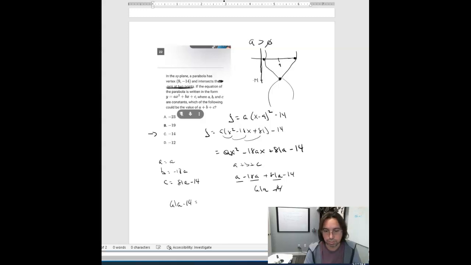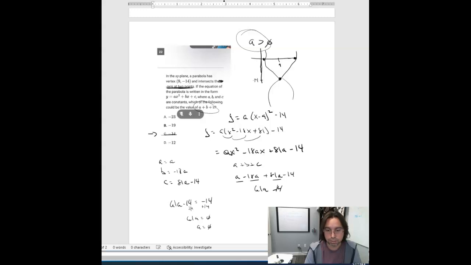If it's negative 14, and I add 14 to both sides, I get 61a equals 0, so a equals 0. Well, that can't be true, because we've established that a has to be bigger than 0. So that is not the answer choice.